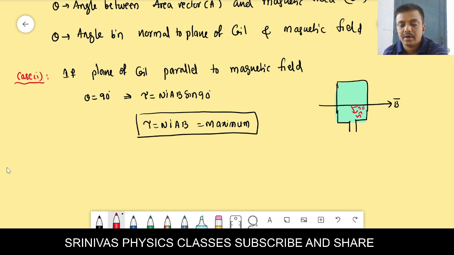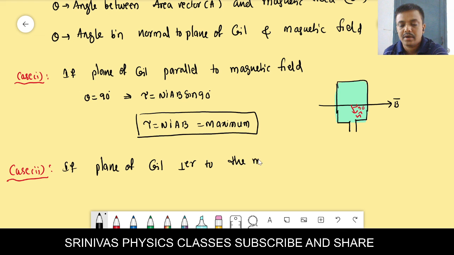Let us take case 2. Case 2 is that the plane of the coil is perpendicular to the magnetic field. Theta is 0. The plane of the coil perpendicular to the magnetic field means the plane is like this, and the field is like this.